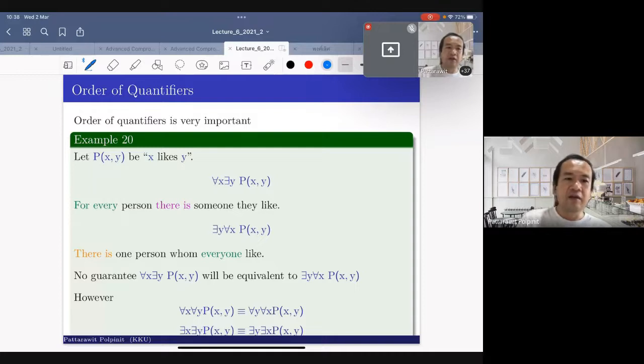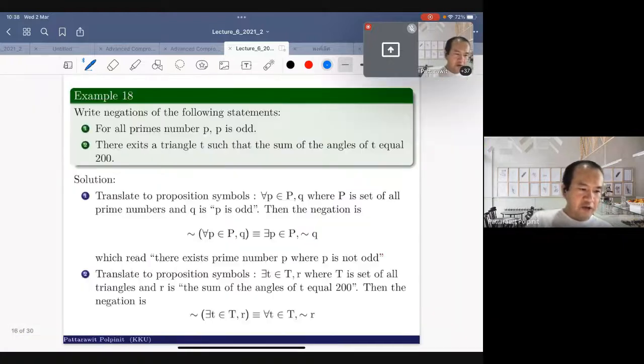We take sentences that are not propositions and turn them into propositions, so that each statement or sentence can now have a truth value. Either it's true or false. I think we stop right here.